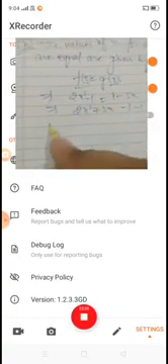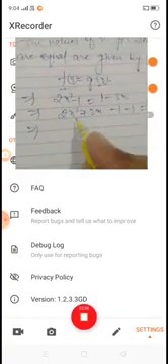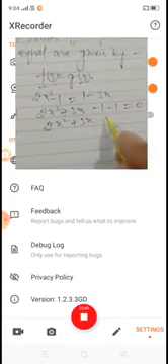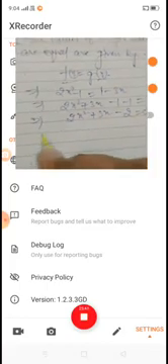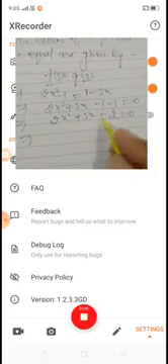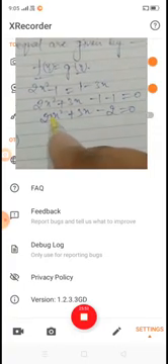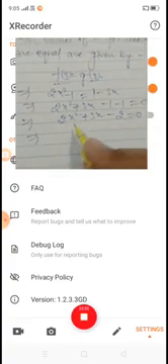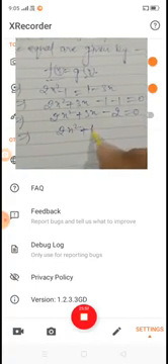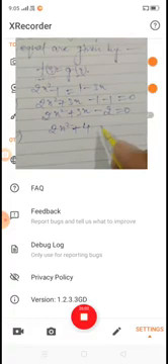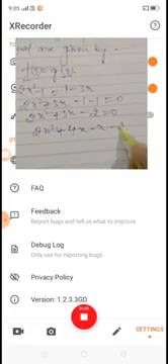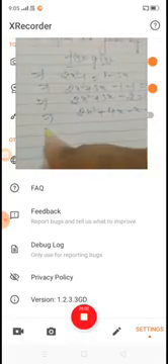Transferring to that side, we get 2x square plus 3x minus 2 is equal to 0. Now solving by splitting the middle term, we get 2x square plus 4x minus x minus 2 is equal to 0.